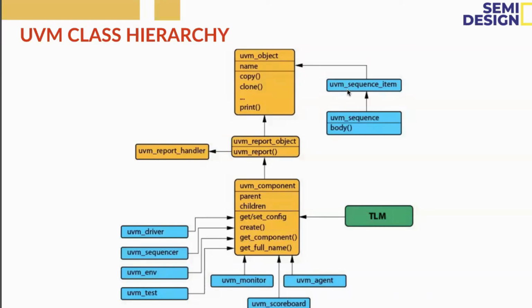So some packet is derived from uvm_object, like whatever we have used in SystemVerilog. uvm_object is a virtual base class for all components and all transactions in the testbench. Mainly, uvm_object has a set of methods like print, copy, clone, and compare. These types of methods will be there.